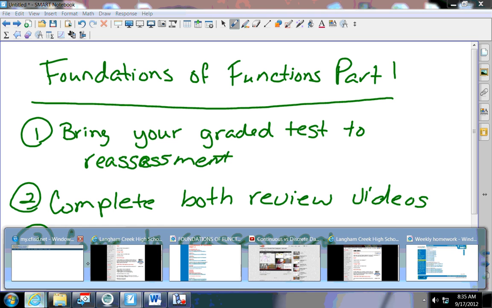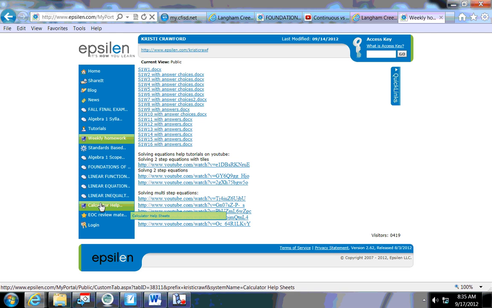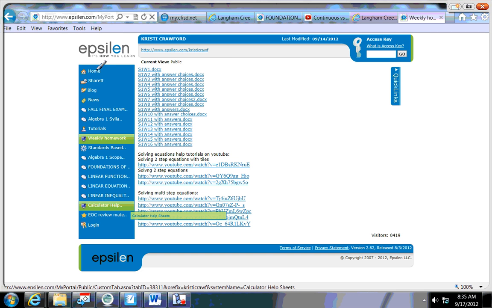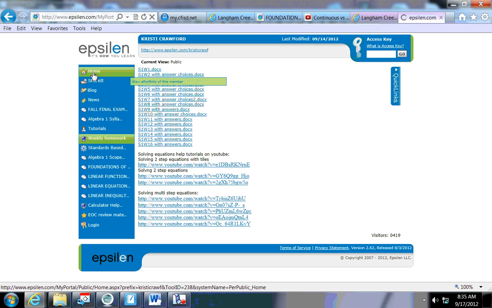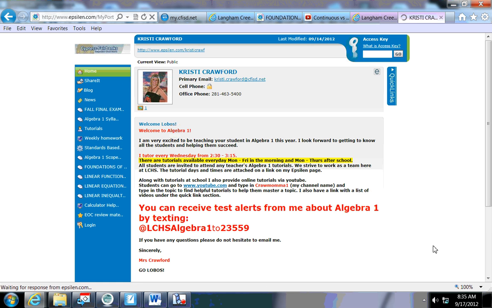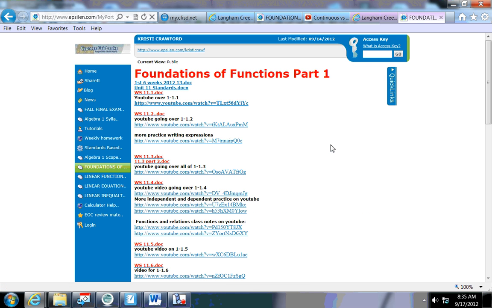Well, again, let's go back to that Epsilon page that I have here. If I go in here, let's turn off my writing utensil. Here's my home page. Here it says Foundations of Functions. First off, let me point out, here's the 6 weeks calendar. The standards to see them in depth is right here at this link.